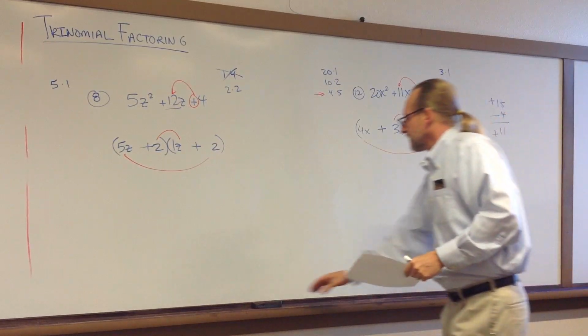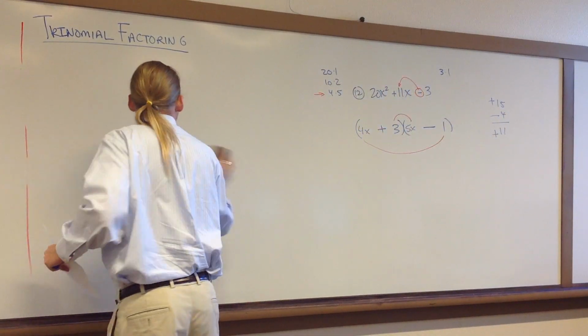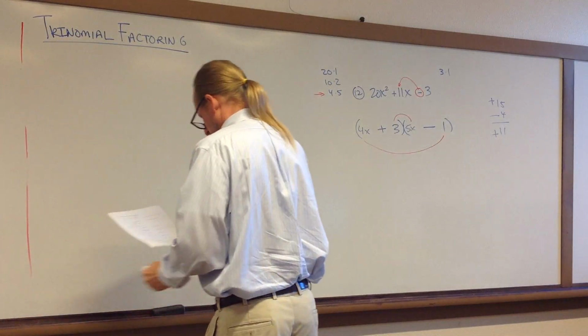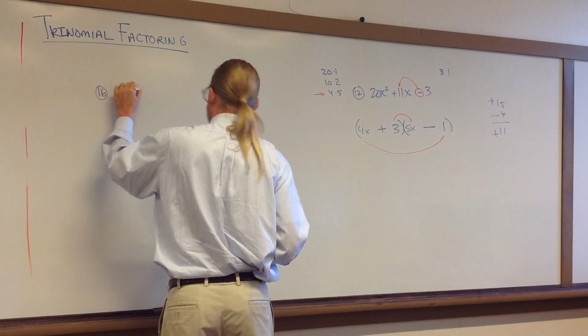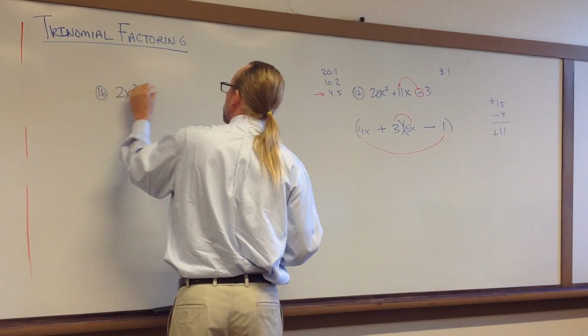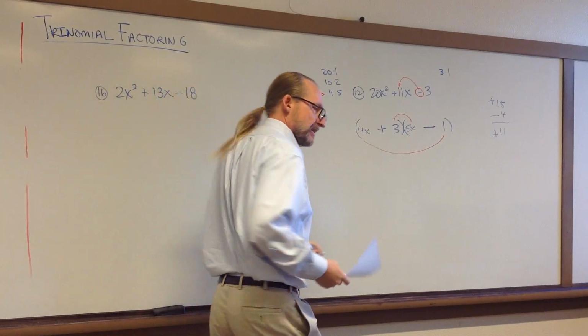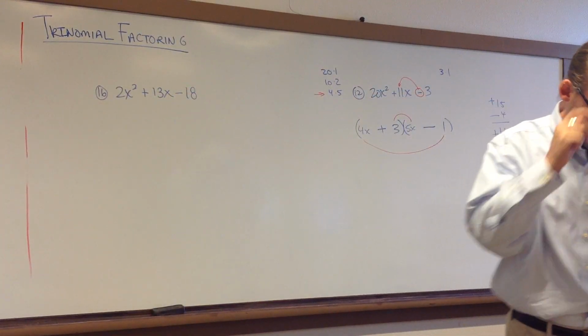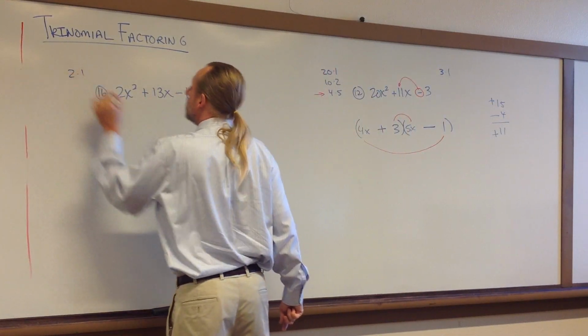Now let's look at problem 16. So 2x squared plus 13x minus 18. Okay, so again, the 2 is 2 times 1.